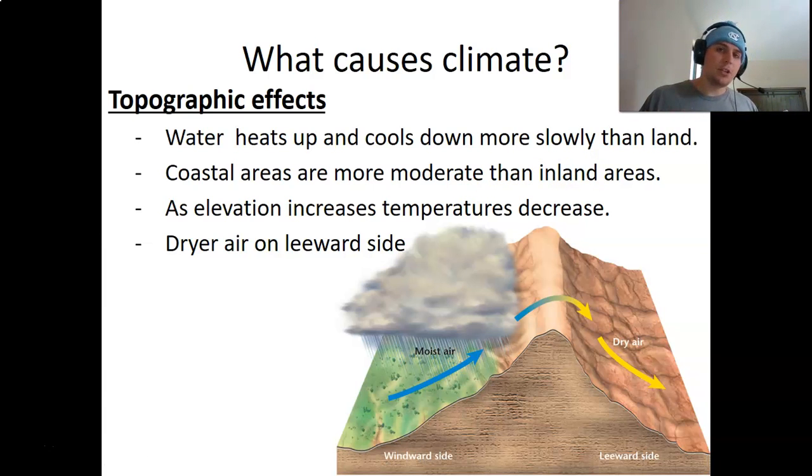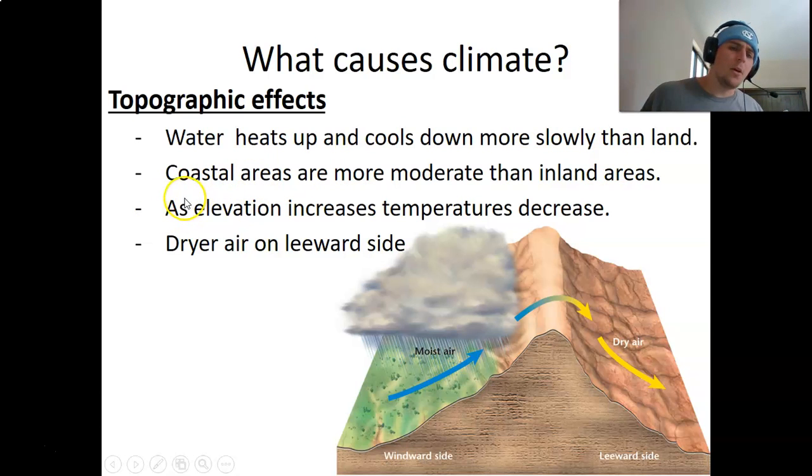So, if you go to the beach in the winter, it is going to be generally warmer than if you stayed inland in the main part of the continent. If you went to the beach in the summer, that's why people like going to the beach so much. Number one, because there's water, but number two, because it is generally cooler than it would be inland.